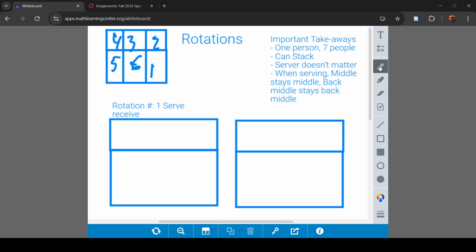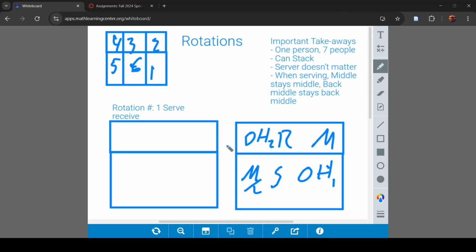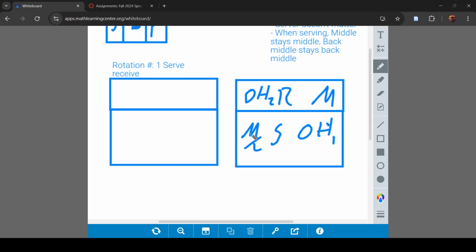We have our setter middle back, our outside that was front row is serving, middle is here, right side here, the outside that was back row is now front row, and middle/libero is there. So when this happens, like I mentioned earlier, we don't care about the person who's serving for the sake of rotation.